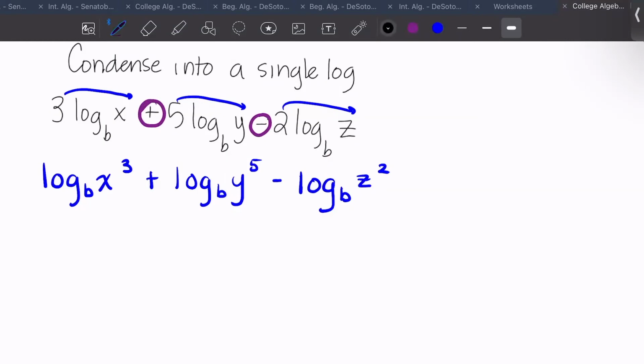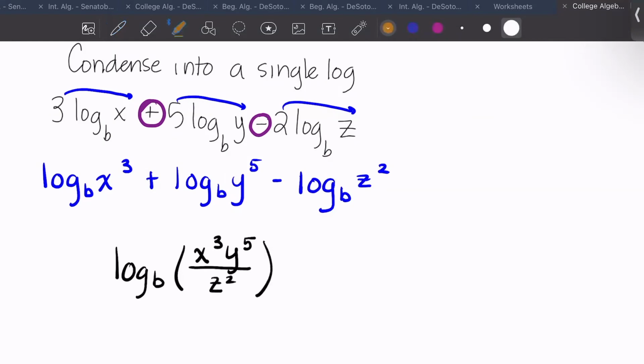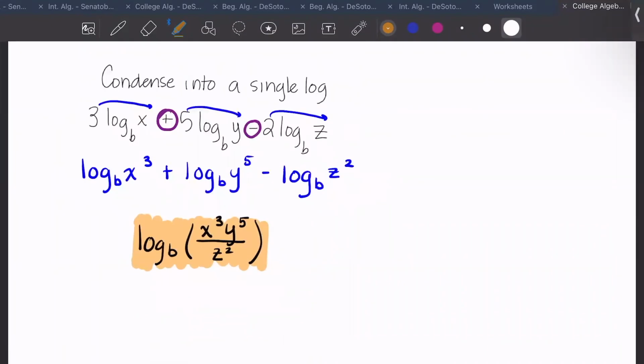So that means that you're going to have log base b, and then you have x to the 3rd times y to the 5th. Then you're subtracting, so you're going to divide by z to the 2nd. And you're done. So not too bad.